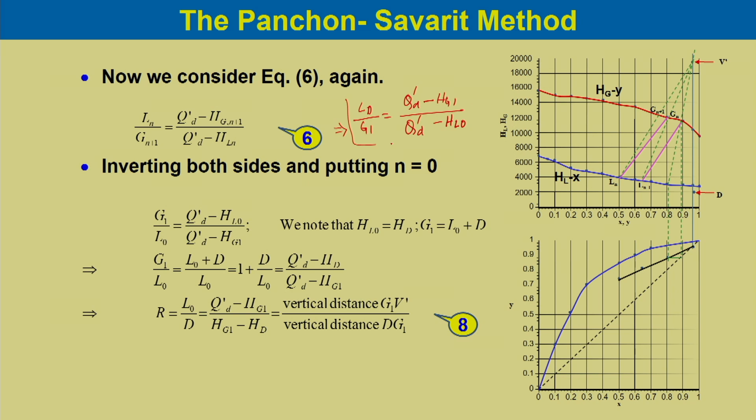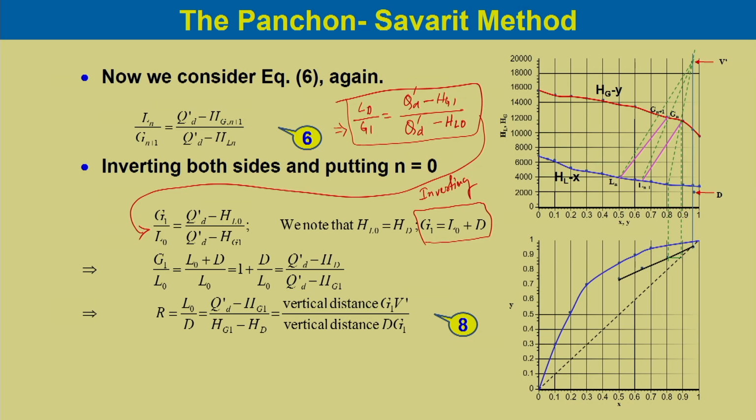By inverting, we get G1 by L naught equal to Qd dash minus HL naught divided by Qd dash minus Hg1.